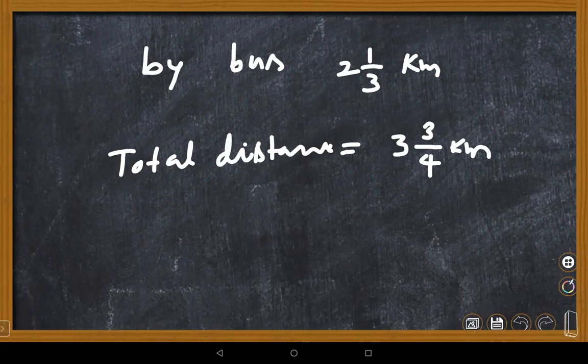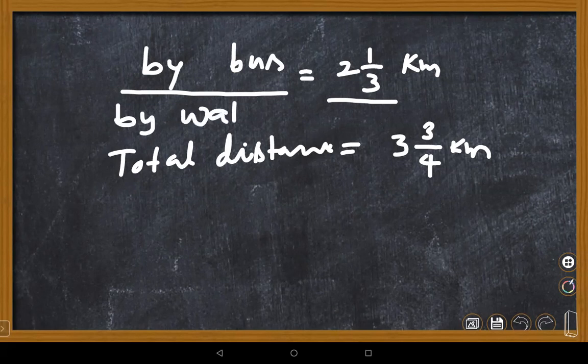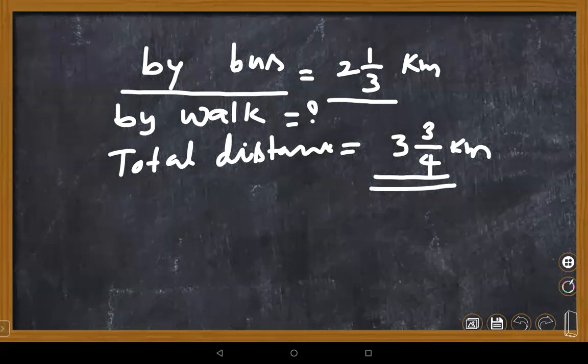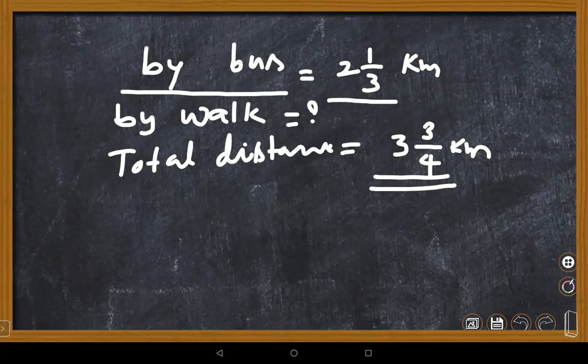Daksh, you traveled by bus 1 by 3 kilometers. The remaining distance you traveled by walk. But the total distance you traveled together by bus and by walk is 3 by 4 kilometers. My question to you: how much distance did you walk?